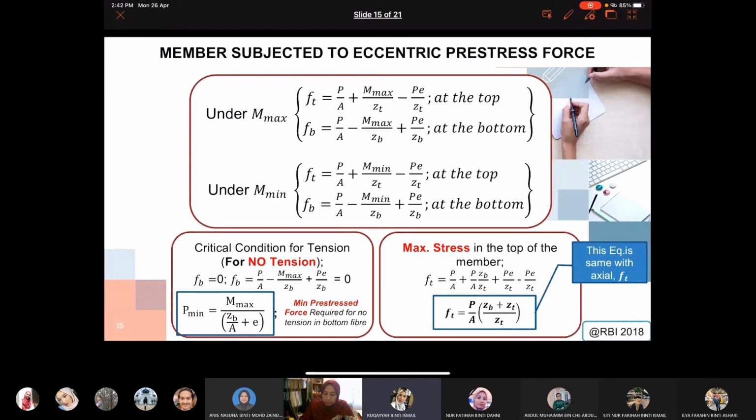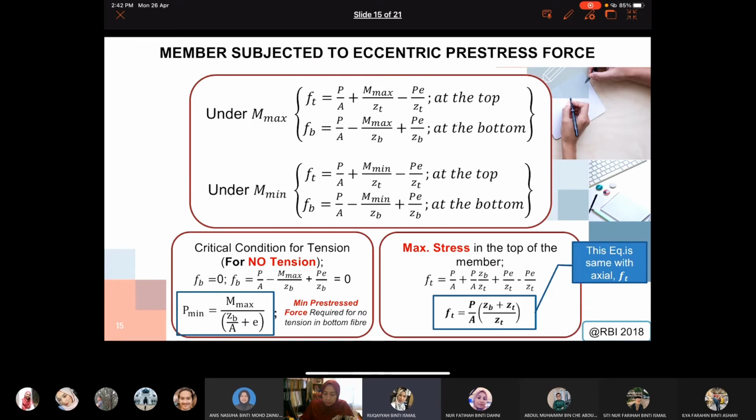Alright. So with the two equations for the top and bottom, we know that for the moment value, you have the value of moment maximum and also moment minimum, for each of the top and also bottom stresses. So then we will end up with four equations for moment maximum, moment minimum, top and also bottom stress.